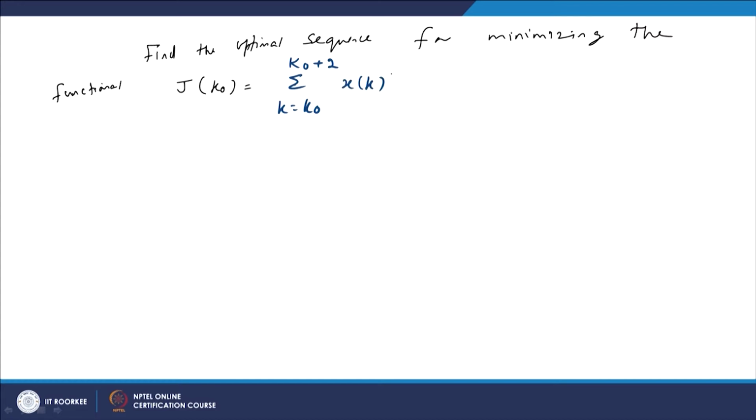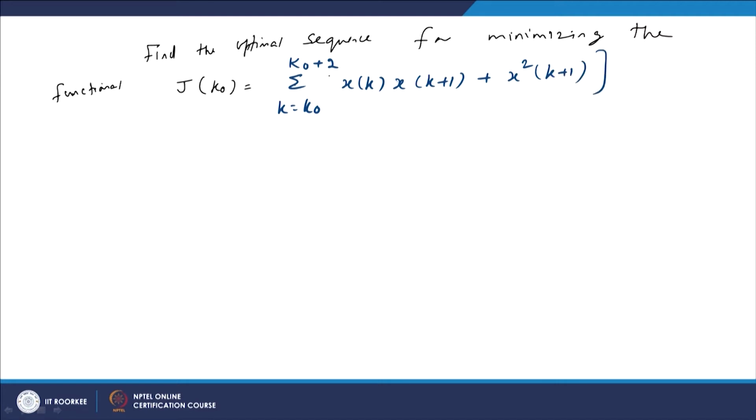So, in this problem we consider the functional J of k0 given by the summation for k starting from k0 to k0 plus 2, of the expression x of k times x of k plus 1 plus x square of k plus 1.